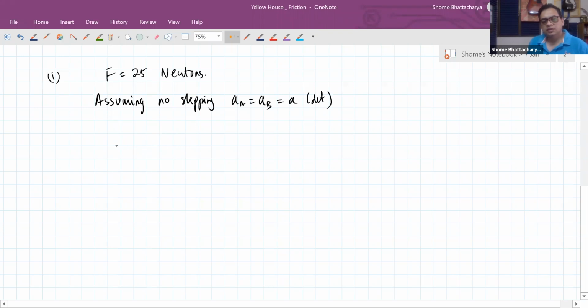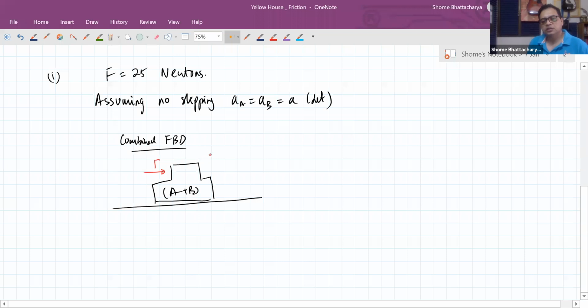First of all, make a combined free body diagram. For that combined free body diagram, you will see there is only one external force acting horizontally, giving the system this common acceleration.